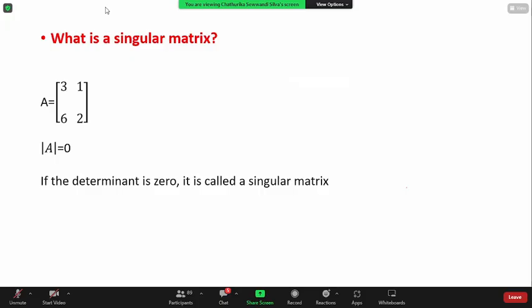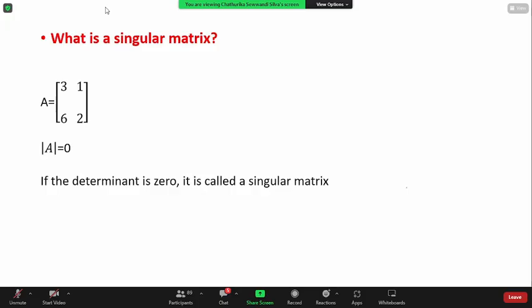Another answer? If the determinant of a matrix is zero, what will happen to the inverse? Infinity, or not defined. So that means we can't find an inverse.